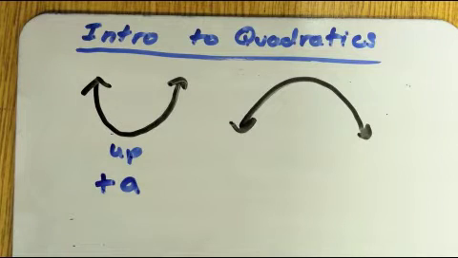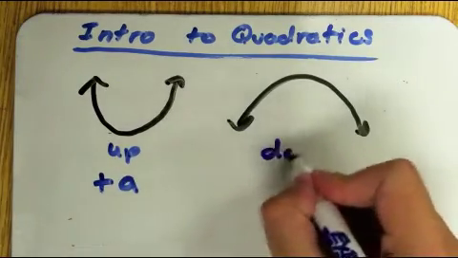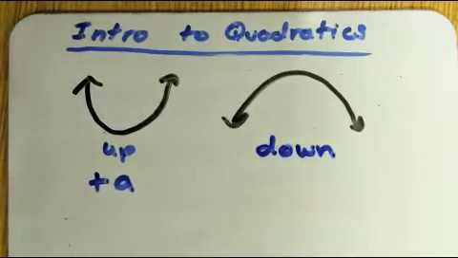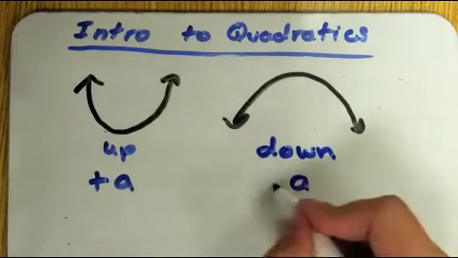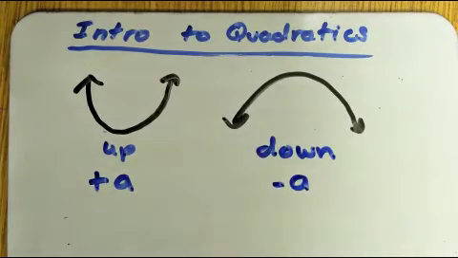So the number next to x squared tells you if it opens up or down. This one opens up. Look at the down. If the A value is negative, like -2, really don't care about the 2, just that negative. If it's negative, it's going to open down.